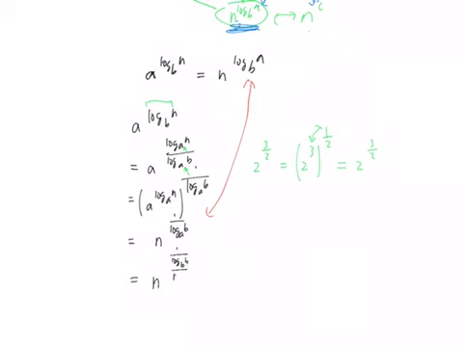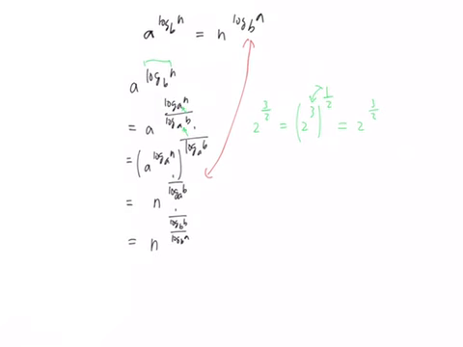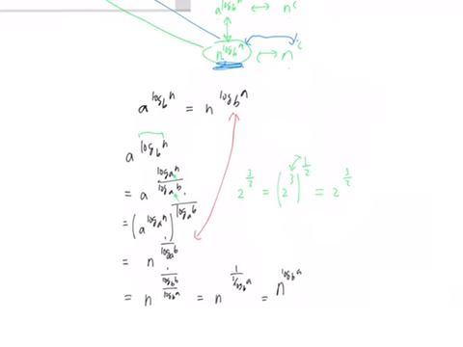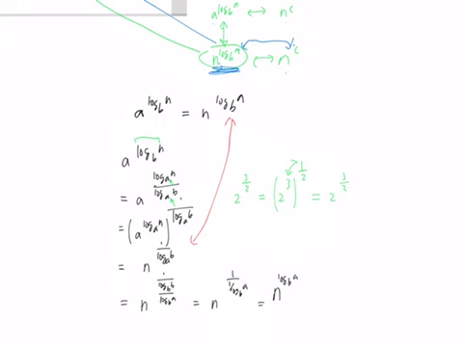I'm not sure whether this would work. Log b of a. Using the change of base formula again. And that would give us n to the 1 over 1 over log b of a. And then we just invert that once more, and that becomes log b of a. And that's how we get that.